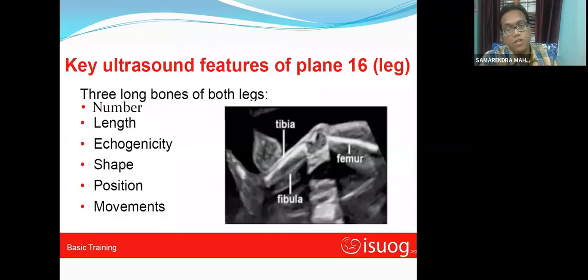So what are the key ultrasound features of plane 16? In plane 16, it is an image showing the whole lower limb of one side. First of all, we have to look for the number of bones present, the length of each, the shape of the bone and the segments, the echogenicity, the position and the movement.